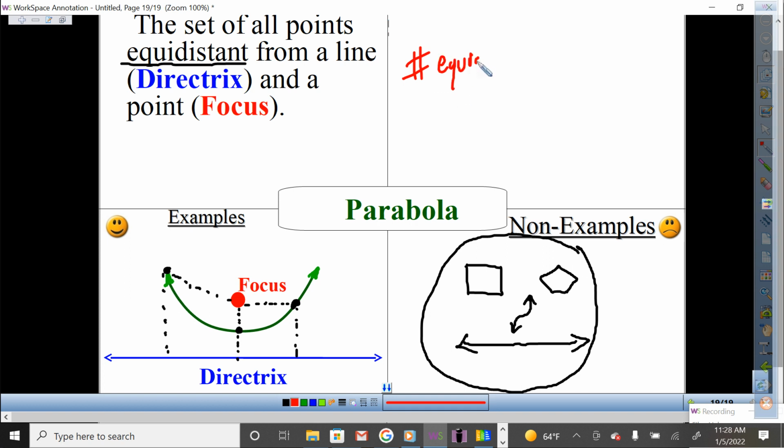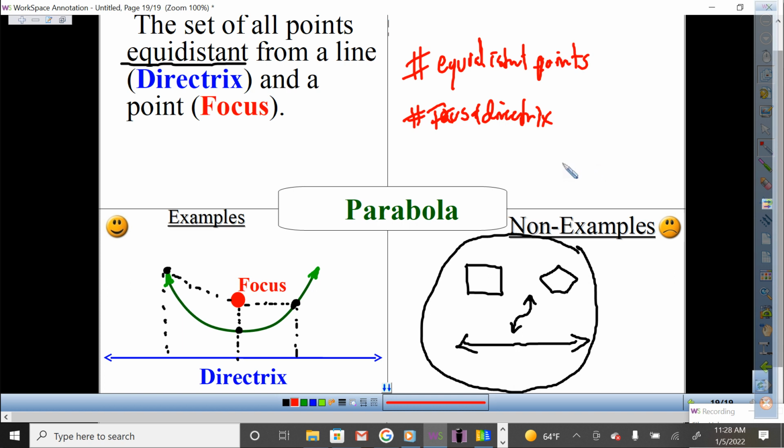Equidistant. Equidistant points. And of course, obviously, hashtag focus, and directrix. That pretty much covers it, yeah? Yes, thank you. All right, good.